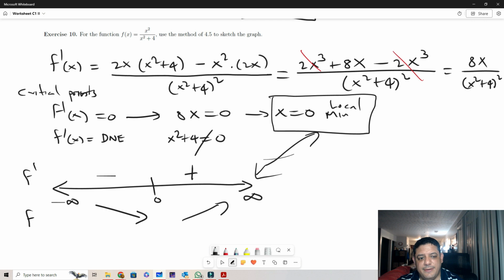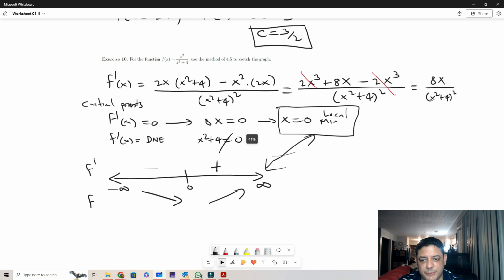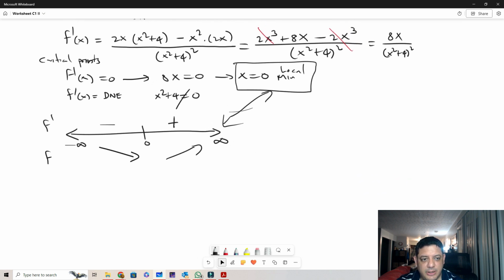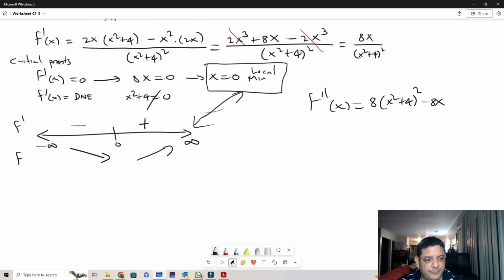Now I want to have the same information but for concavity. So I'm going to need f''. So f''(x) is going to be the derivative of this, which is 8 times (x squared plus 4) squared minus 8x, and then the derivative of this, which is going to be 2 times (x squared plus 4) times 2x.